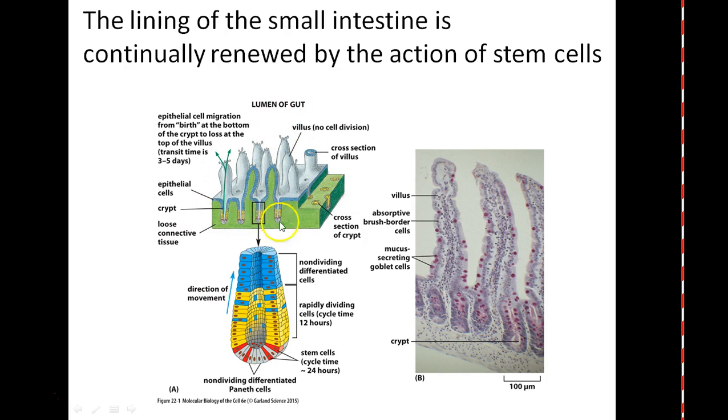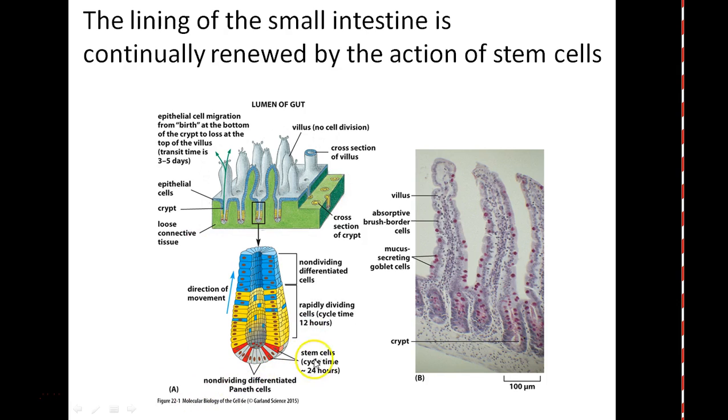When we zoom in here at the bottom, there is a structure called a crypt. At the bottom of this crypt, there are stem cells. There are not very many of them, but they are critically important to keep this entire structure functional.